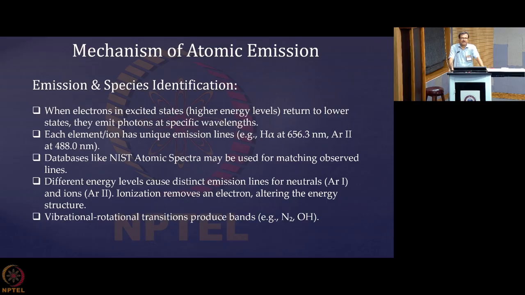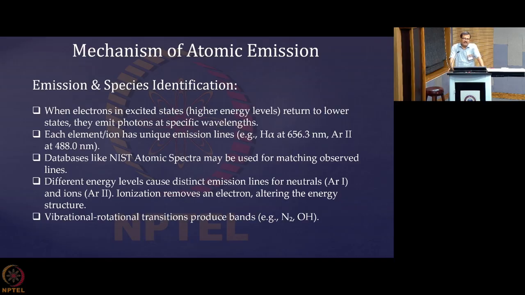like the NIST atomic spectra database that is available freely on the internet. There you can see all the lines specific to specific atoms in the periodic table. As I have told, every atom has a set of emission lines at particular wavelengths.